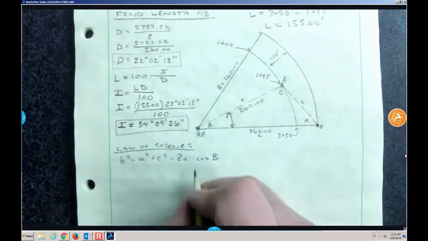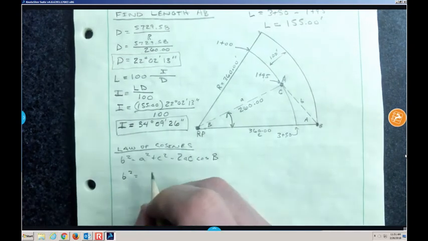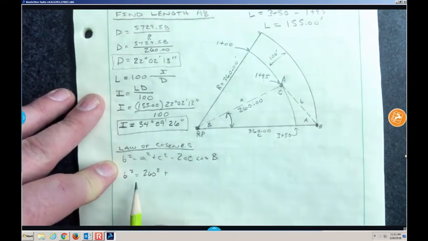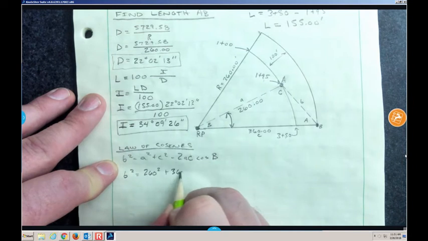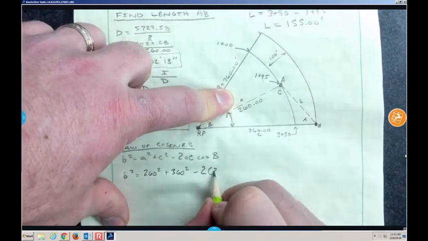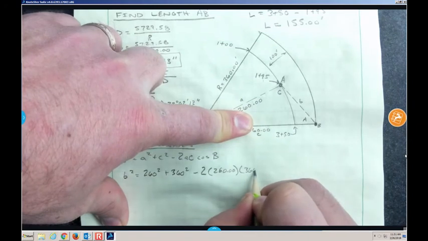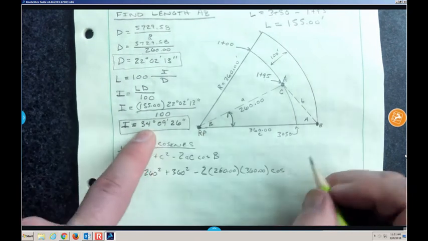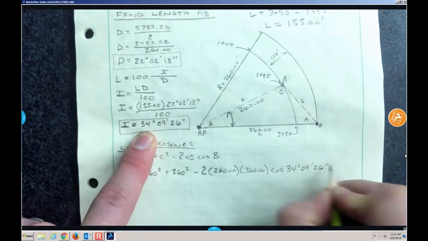So b squared equals a, which is 260, squared, plus c, which is 360, squared, minus 2 times a, 260, times c, 360, cosine of b, and b is our I, 34 degrees, 09 minutes, 26 seconds.